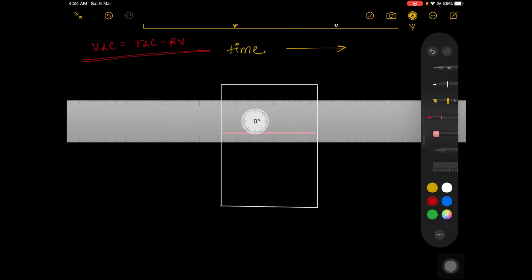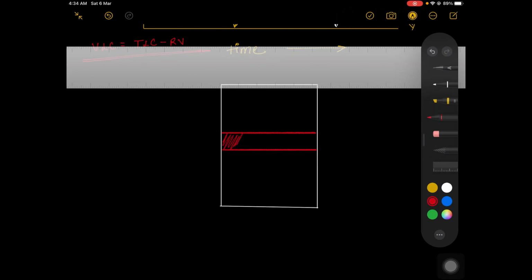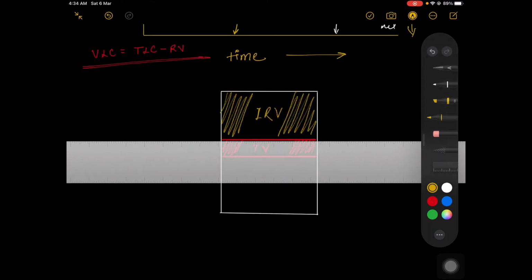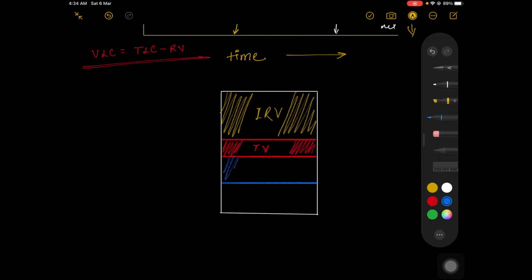If I inspire more than the tidal volume, it is the inspiratory reserve volume, and if I expire more than the normal, that forms the expiratory reserve volume, and the amount of air which is left after that is the residual volume.